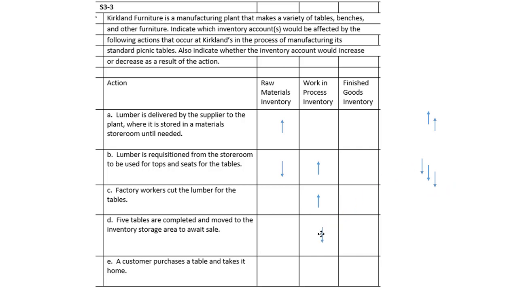So now work in process will go down and finished goods will go up. A customer purchases a table and takes it home. In that case, finished goods would go down, but cost of goods sold would go up, which is actually a result of an equation more than an actual number in an account. So that just helps you think about what the flow is.